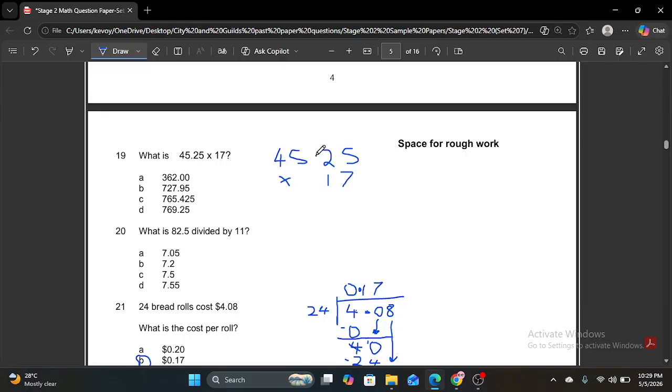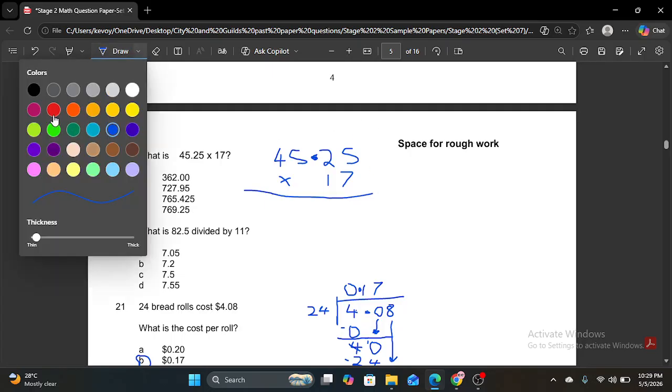Now, whenever we're multiplying a whole number by the decimal point, and we see that we have a certain amount of decimal places, the answer should have the same decimal place. So right here we have 2 decimal places, so our answer is gonna have 2 decimal places.